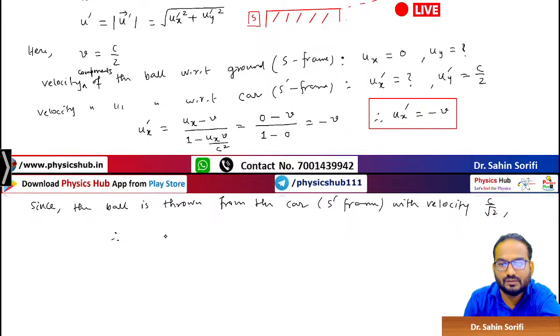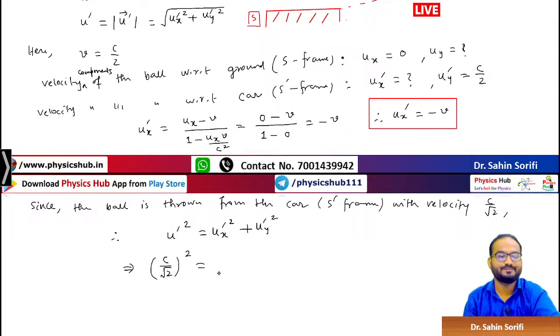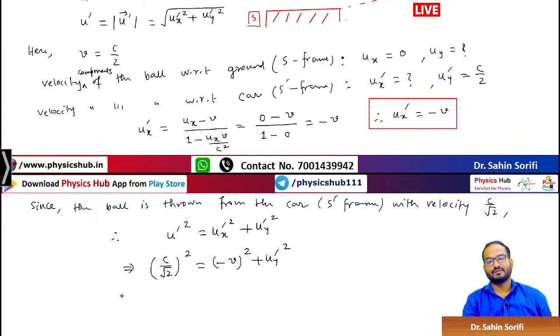You know the formula of u prime. U prime square, if I write, it is ux prime square plus uy prime square, right? Now u prime is c by root 2. What is your ux prime? Ux prime is minus v, plus uy prime square. So from this, uy prime square is equal to c square by 2 minus v square.